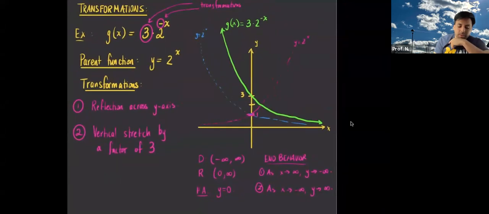Okay, so that's our function g of x. 3 times 2 to the negative x power creates a decaying function, and it's slightly stretched, slightly.